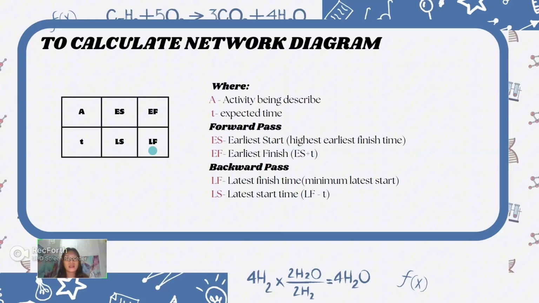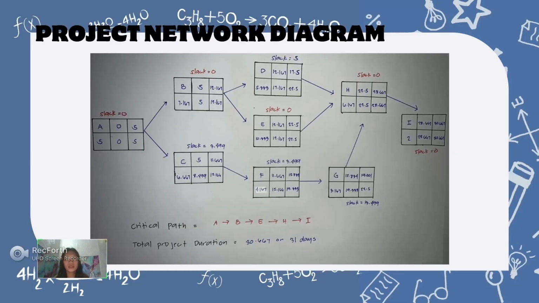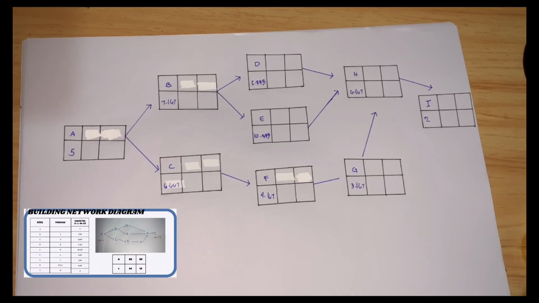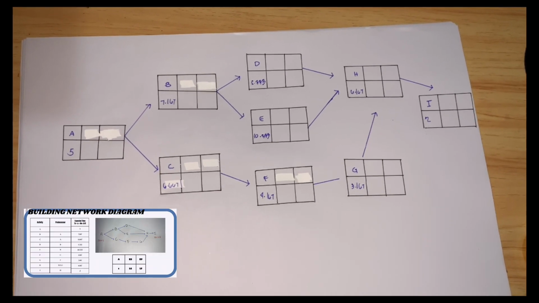And the latest starting time and latest finishing time using the backward pass, where the latest finishing time is equal to the minimum latest start, and the latest start time is equal to the latest finishing time minus the expected time. So let's calculate now the project network diagram, following the formulas that we discussed earlier.